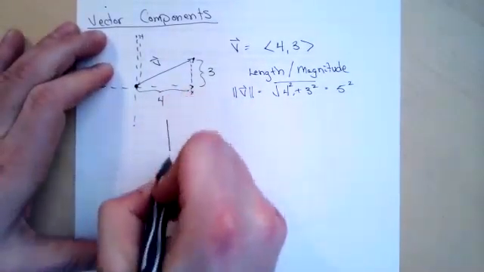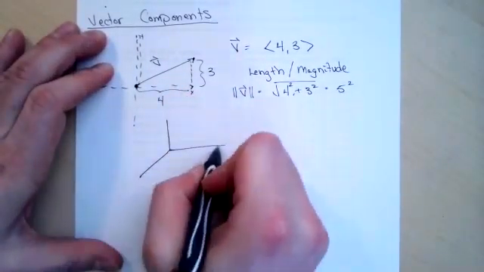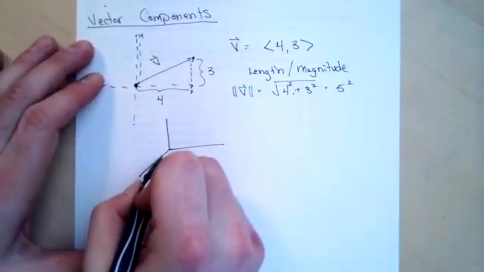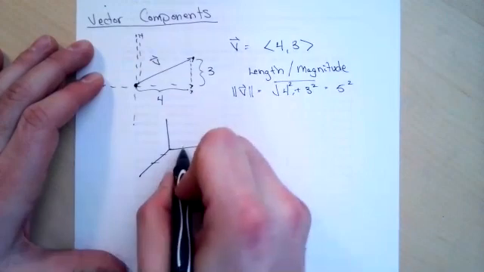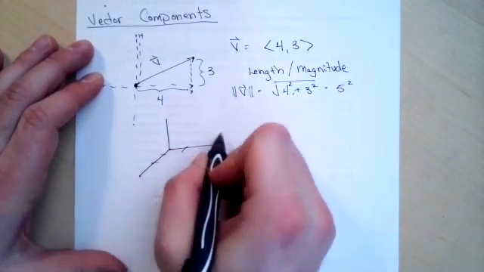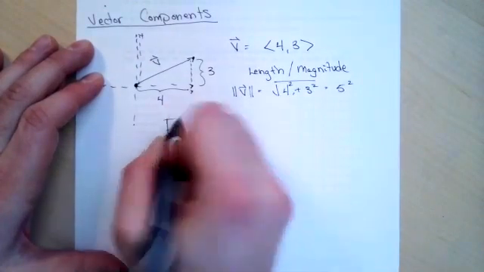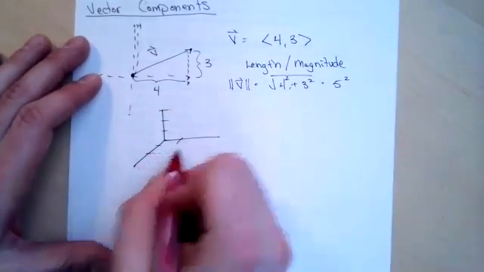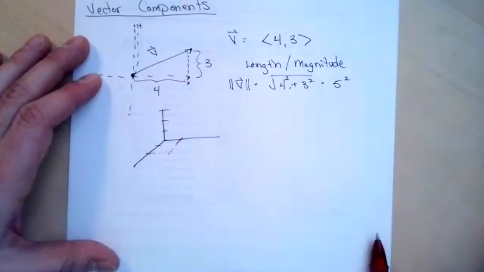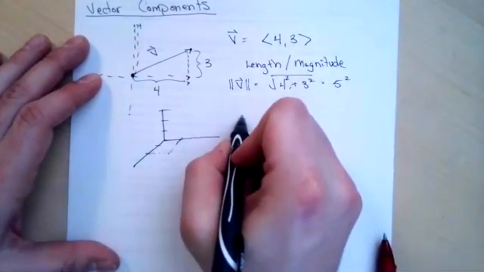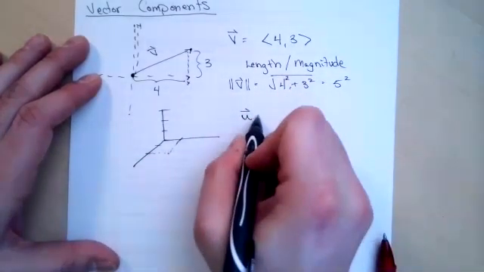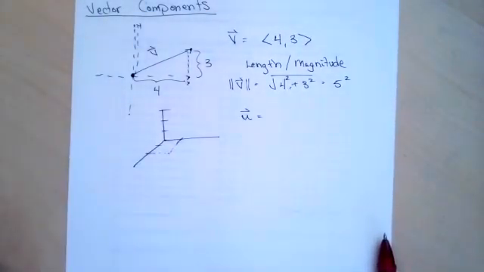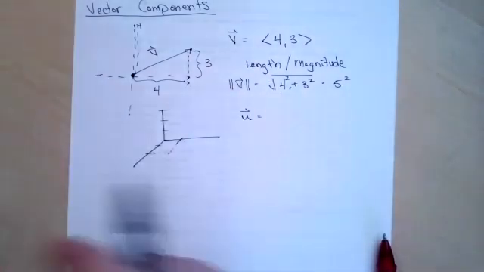In 3 dimensions, let's pick some easy numbers and see if we can draw this. I'll use my straightedge to draw some guidelines. Let's say we have a vector, let's call it U, another common letter for vectors. And of course, if you haven't picked up, we draw the little arrow on top to indicate that the object we're talking about is a vector.